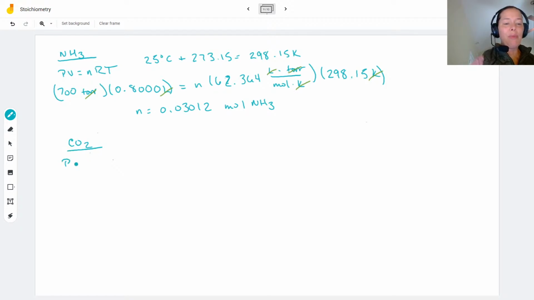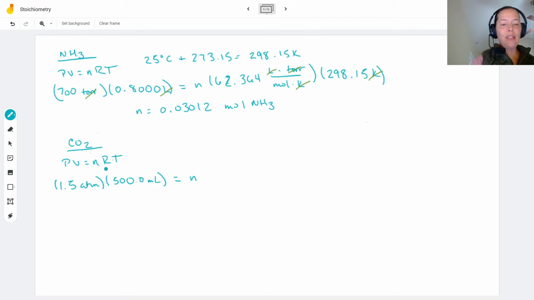Same thing, I'm using the ideal gas law. Now I need to be careful that I am using all the information for carbon dioxide and not mixing in any information for ammonia. In this case, my pressure is 1.5 atmospheres, a completely different unit for pressure. The volume is 500 milliliters.